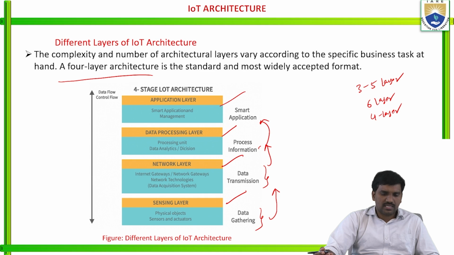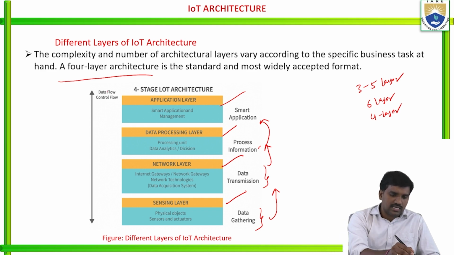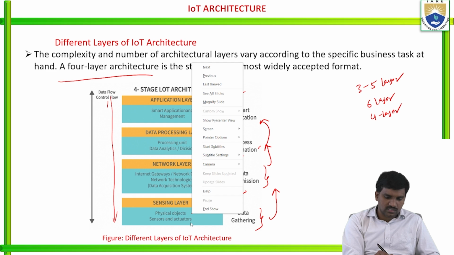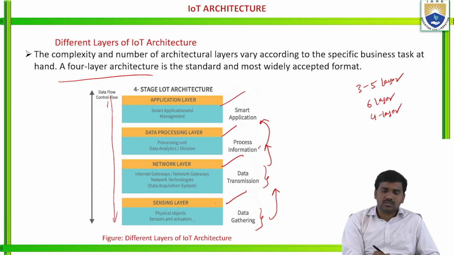Here the complexity and the number of architectural layers vary according to the specific business task at hand. A four-layer architecture is the standard. The data flows from the sensing layer, which has physical objects, sensors and actuators to gather the data.